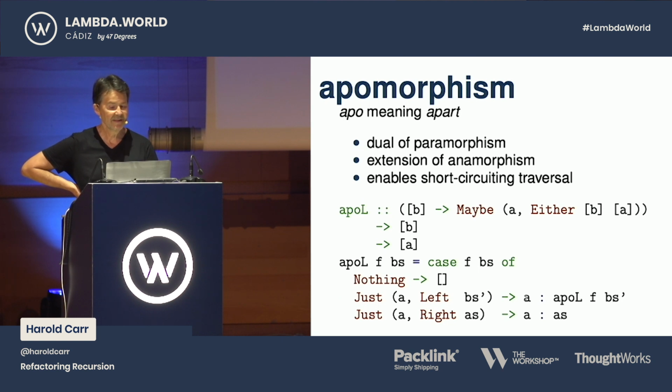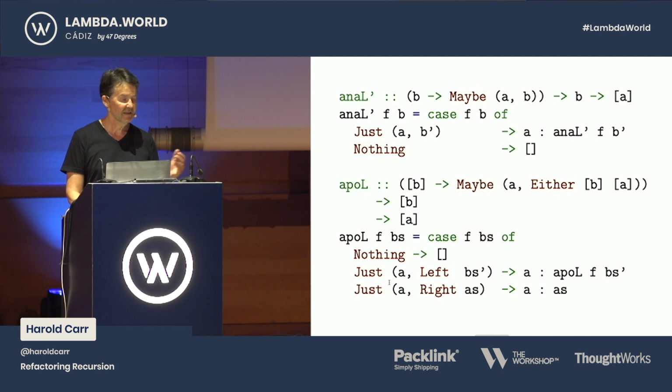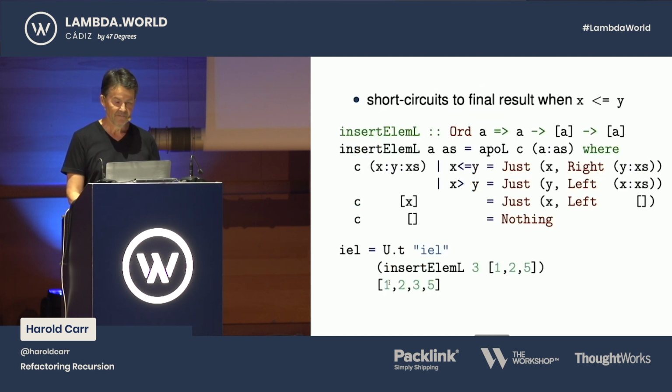So I cons the A onto the recursive call on the B that it says it wants me to continue with. If I get back an A with a right, that's the short circuiting that says, oh, okay, just take the A and the A's and done, no recursive call. And then the base case, once again, is nothing, so you give the tail of the list. So it's pretty much exactly an anamorphism, except for a way to bail out early.